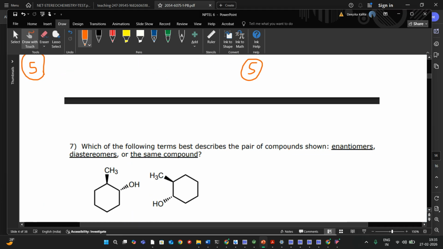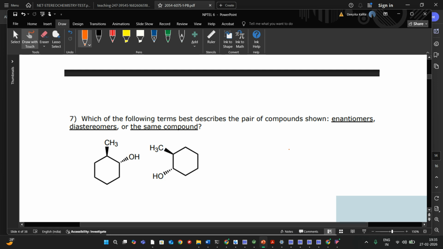Similarly, we are going to solve this question. Which of the following terms best describes the pair of compounds shown? Enantiomers, diastereomers, or the same compound? So again, we are going to assign the absolute configuration to the asymmetric carbons present.